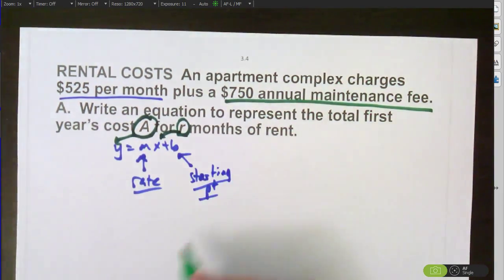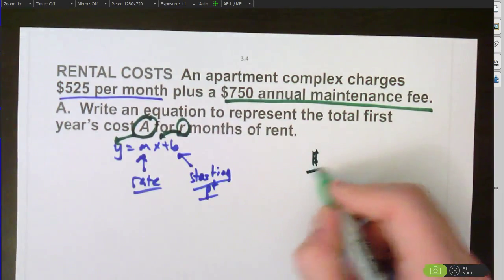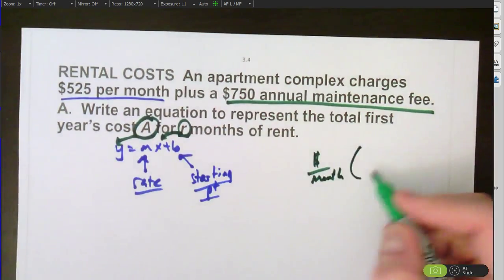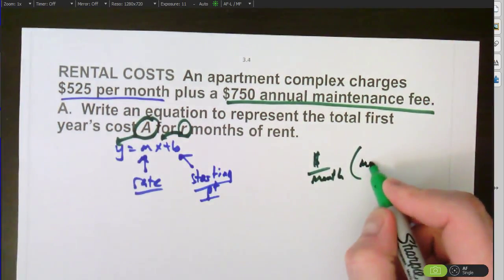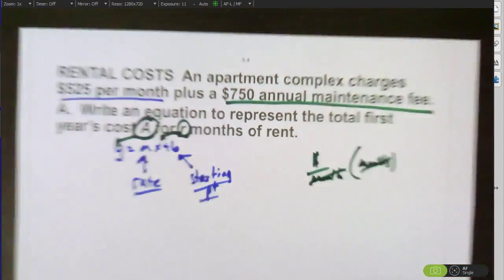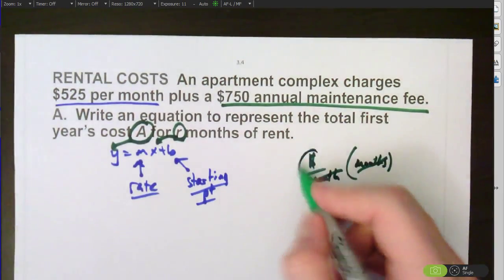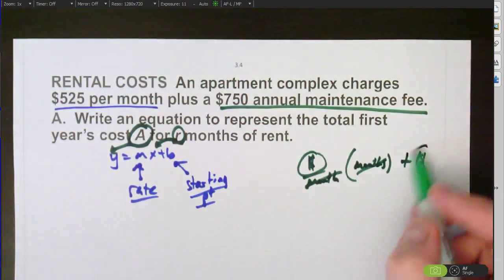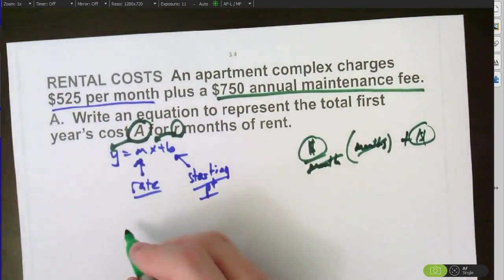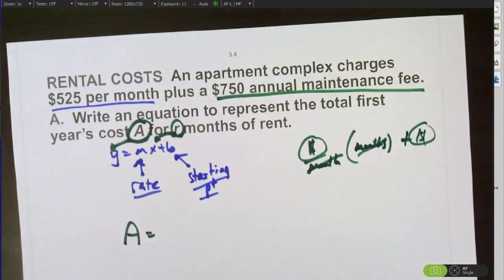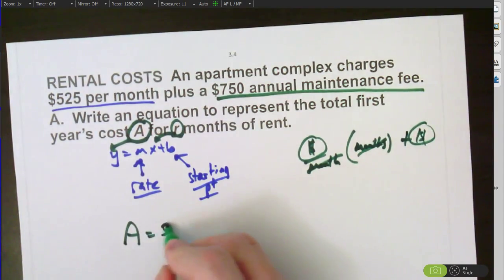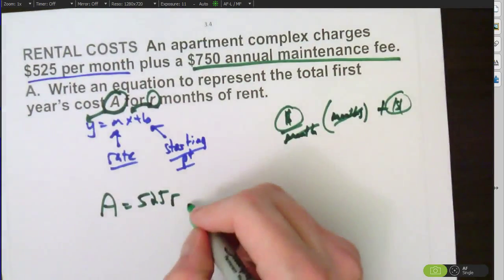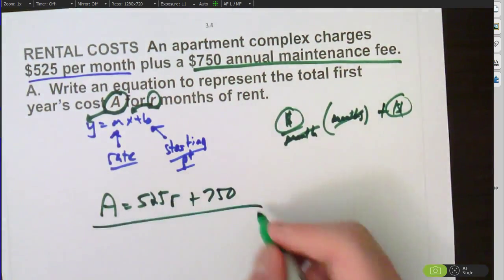If R is months, then dollars per month for the slope times R months, the units cancel, and I just get dollars, which is what I want, because then I'm going to add to it the starting point, which is dollars. So our equation is the total cost, A, equals $525 per month times the number of months, R, plus the $750 that we have to pay just to begin with.